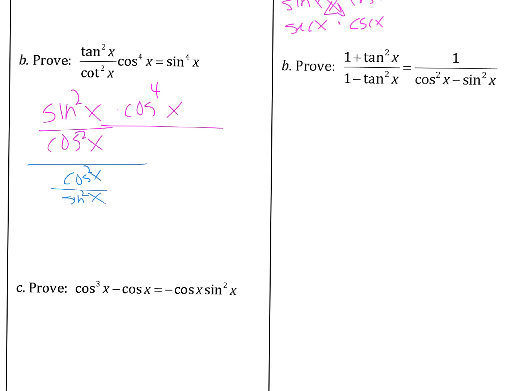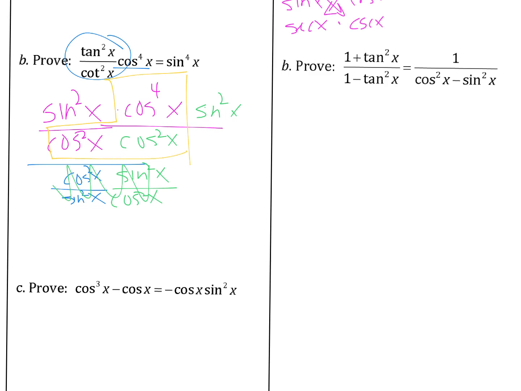So that's just the rewritten version of this piece times this piece. I'm going to multiply by sine squared over cosine squared. Sine squared over cosine squared. Because that makes this go away to 1. Ooh, check this out. That piece cancels out, reduces to 1. So then I have sine squared times sine squared, which is sine to the fourth. I did it.